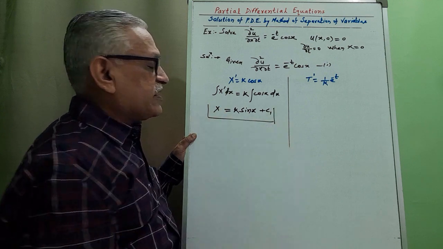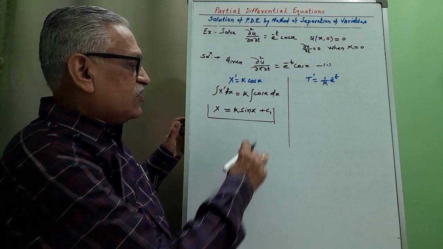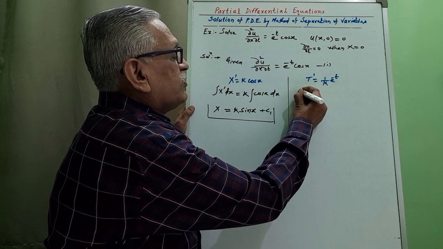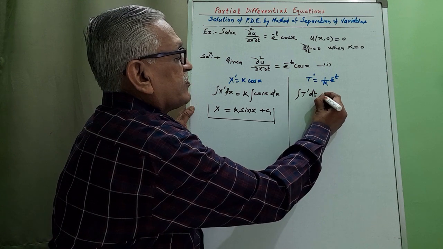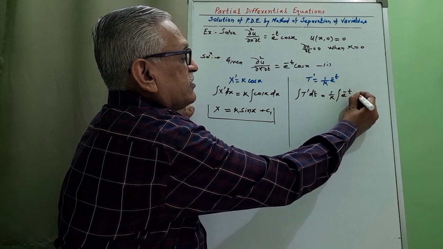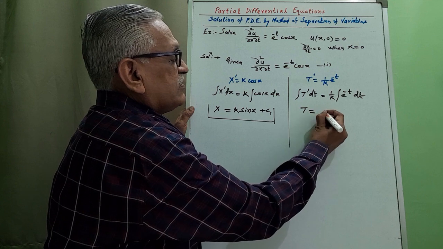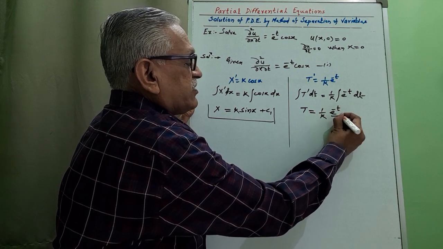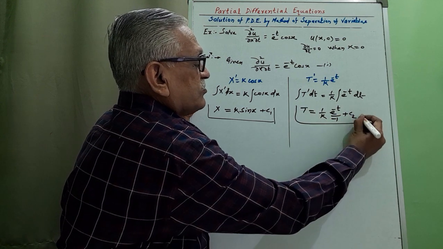We get the value of capital X as k sin x plus c1. Then integrating the second term with respect to t, the integration of T' with respect to t is T, 1/k constant outside, and the integration of e^(-t) is e^(-t)/(-1) plus the constant of integration c2.